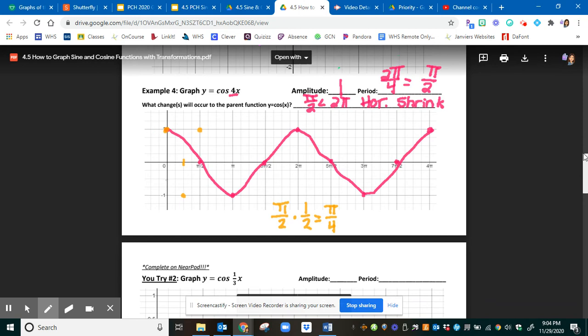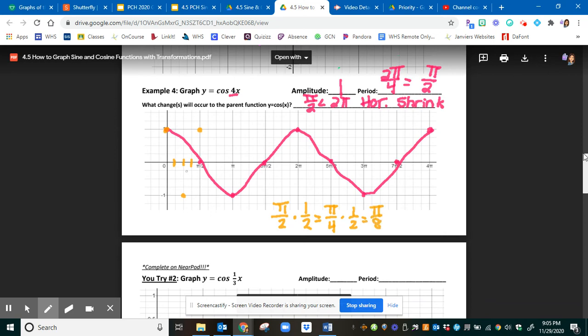Now I need to take this value right here, which is another tick mark. So here's pi over 4. That's my midpoint. Now I need a value that's between 0 and pi over 4, so I need to take another half of this to find out what that x value is. That's going to be pi over 8.